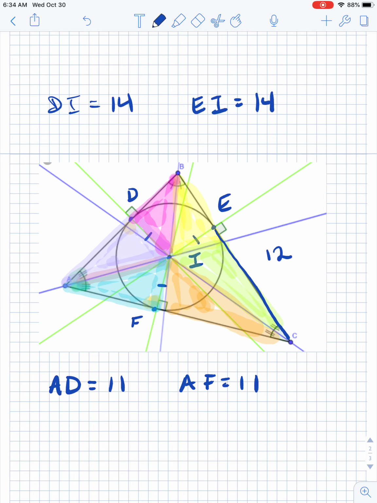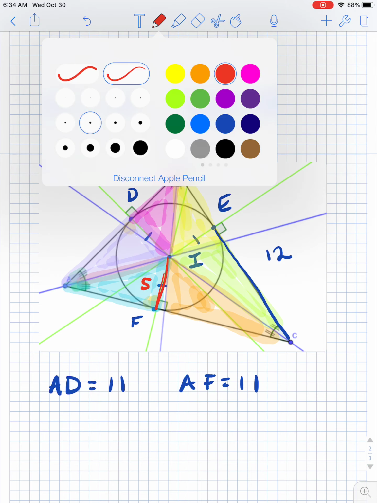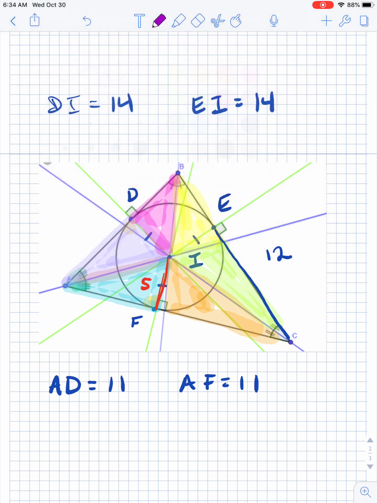And then they tell you that IF, this line right here, they tell you that IF is 5. And they want you to find segment IC. All right. Well, right now I have segments in different parts, right?